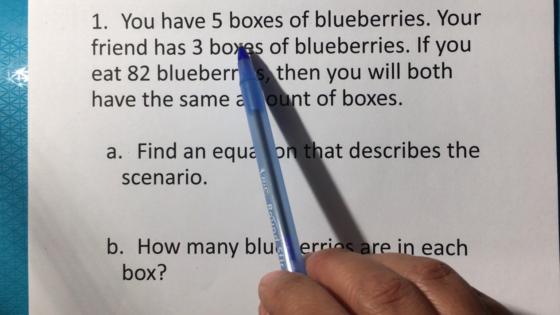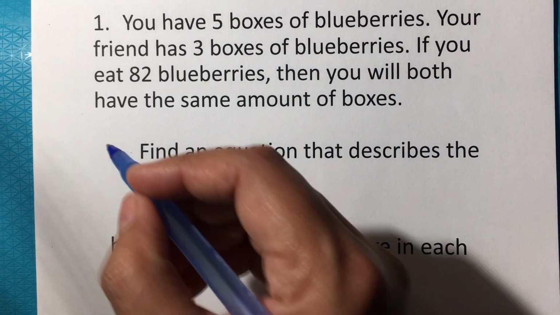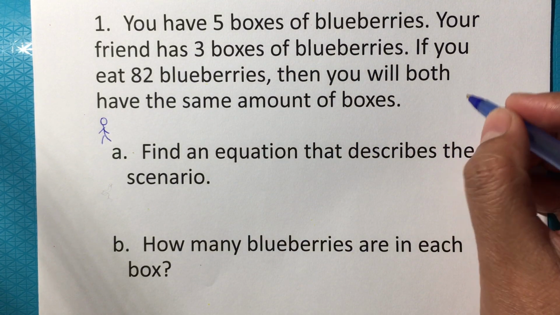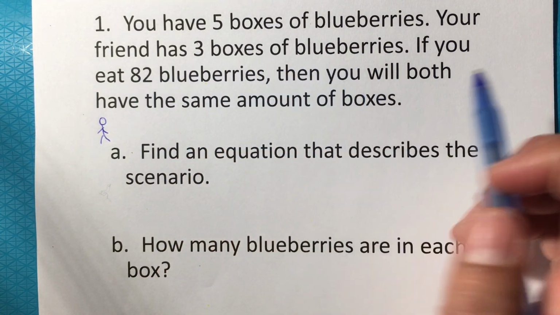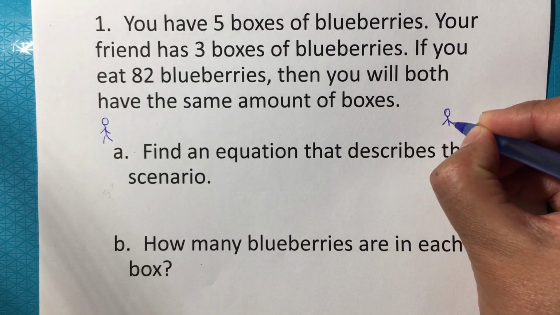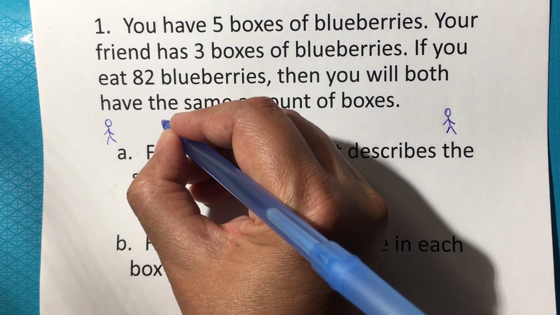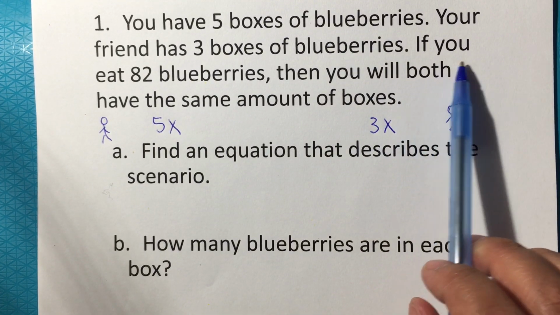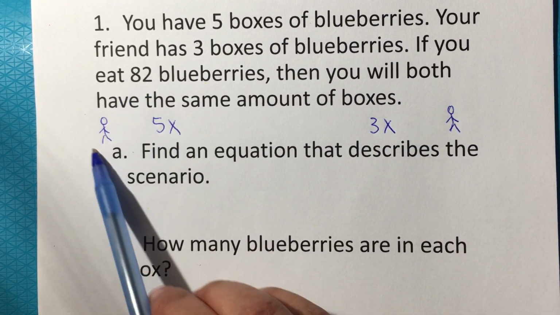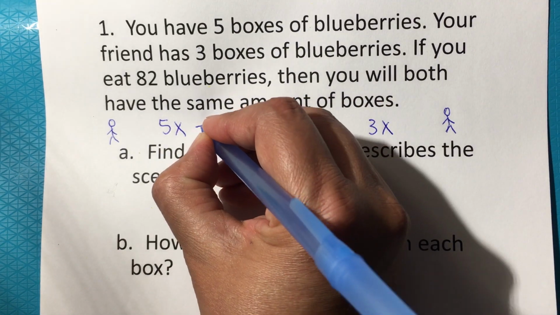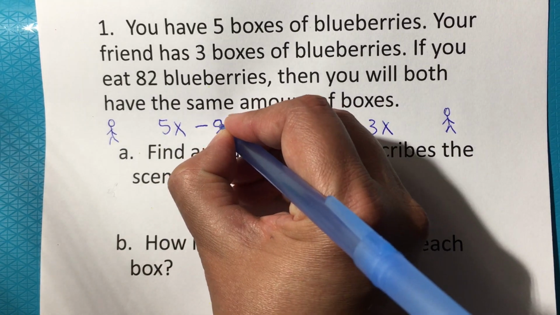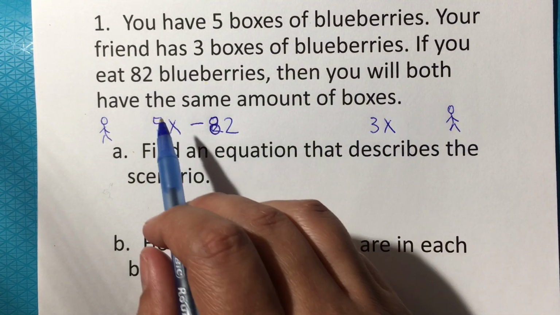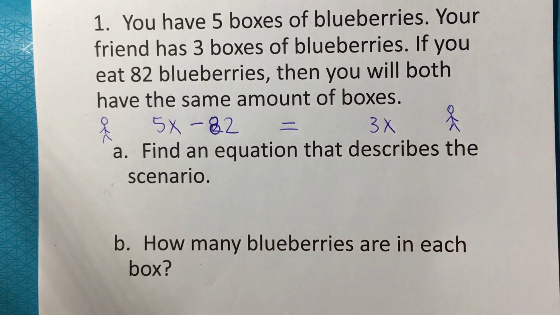It says you have 5 boxes of blueberries. So this is you. Your friend has 3 boxes of blueberries. This is your friend. So you have 5 boxes, your friend has 3 boxes, and then it says if you eat 82 blueberries, you eat them, so whoops, 82 not 28, then you will both have the same amount.